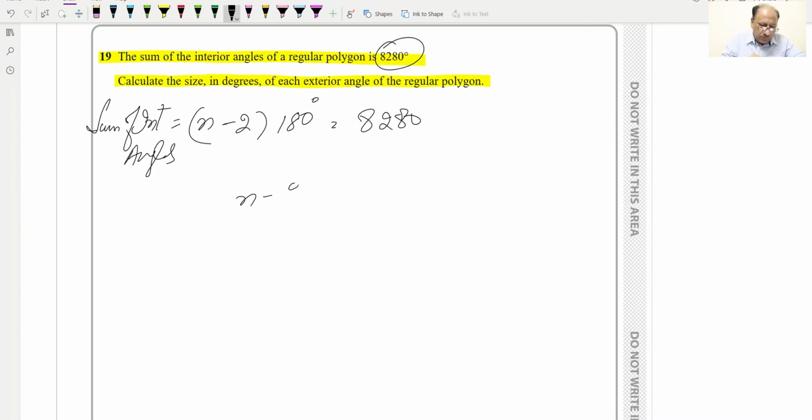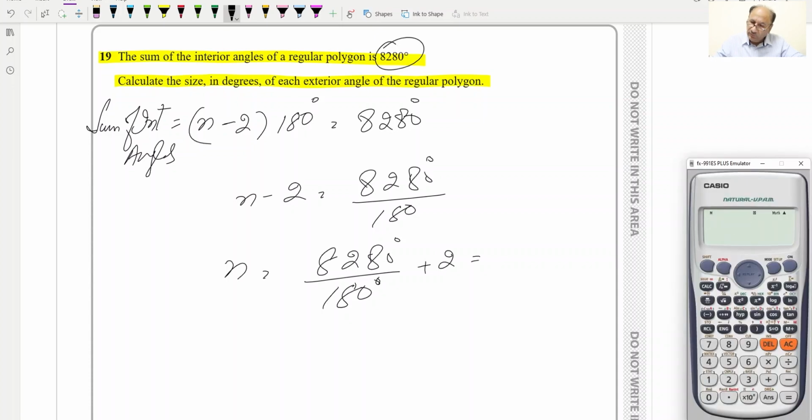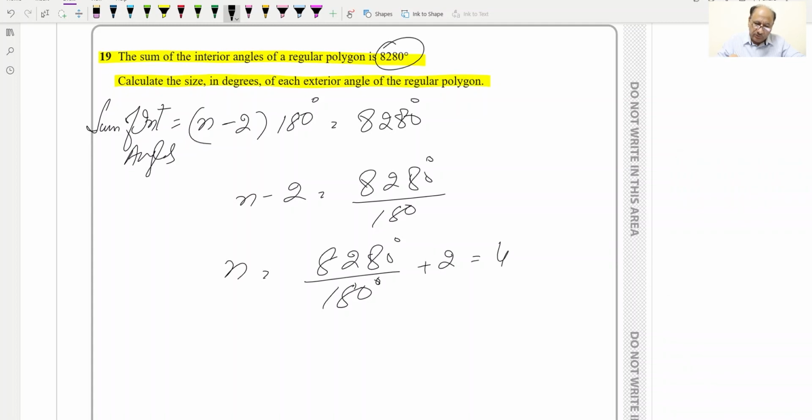So n minus 2 will be equal to 8280 degrees divided by 180, and then n will be equal to 8280 divided by 180 plus 2, and this simplifies to 48. So n is equal to 48.